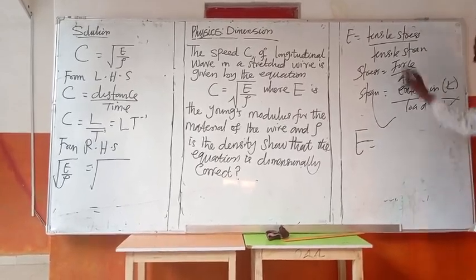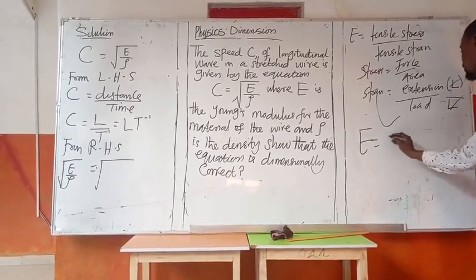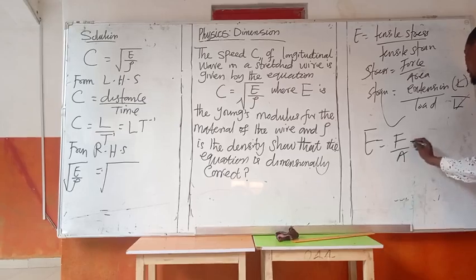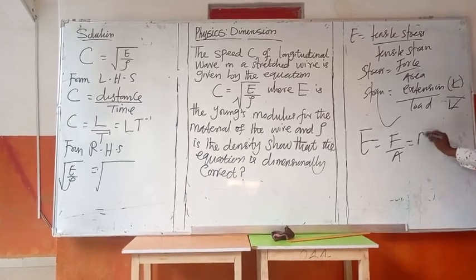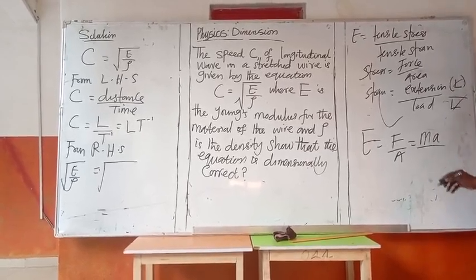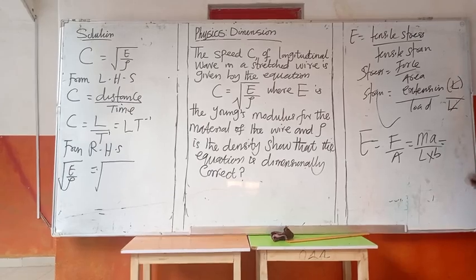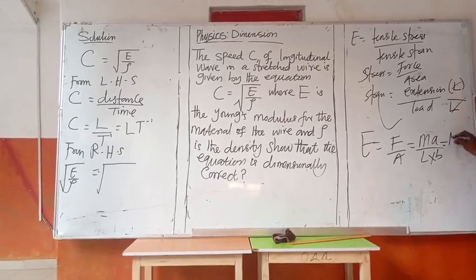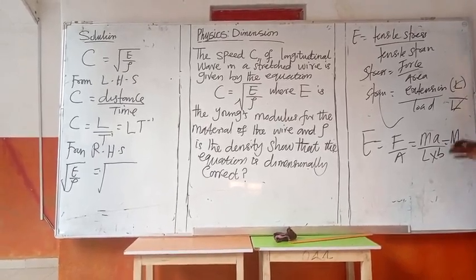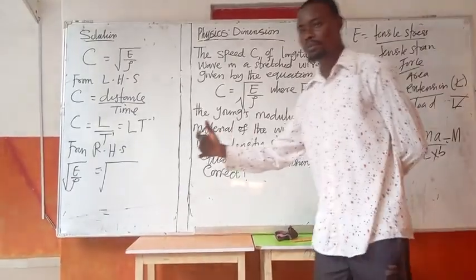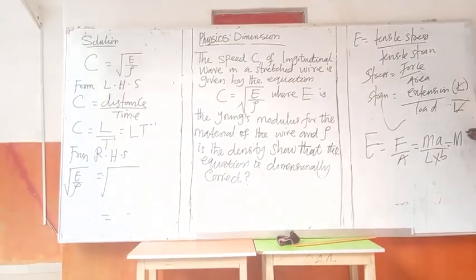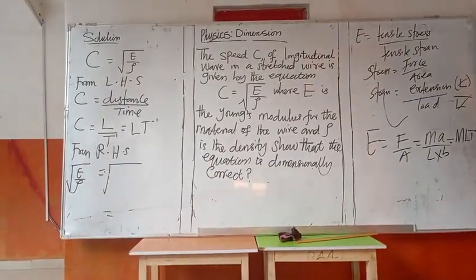Which means the dimension for Young modulus: tensile stress is force over area. But force is equal to mass times acceleration, and area is length times breadth. The dimension for mass is capital letter M. And acceleration is velocity over time, and the dimension for acceleration is L T minus 2.